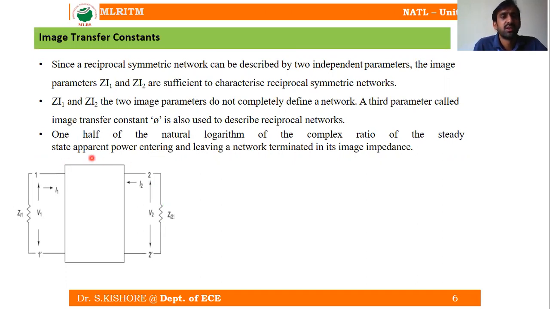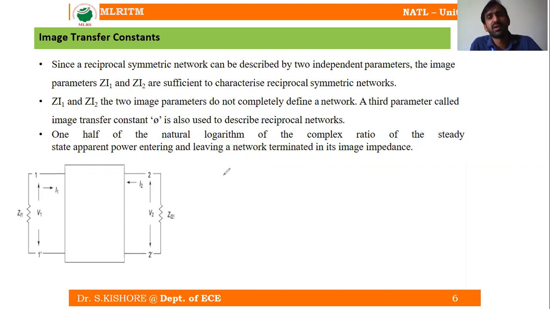This image transfer constant is defined as half of the natural logarithm of the complex ratio of the steady state apparent power entering and leaving a network.